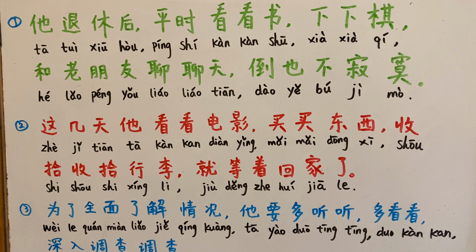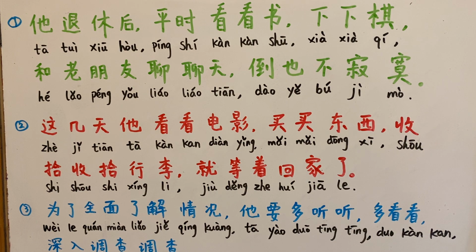And the second situation we want to talk about is this. We have already said that this verb reduplication is to express an action that won't take long. The action won't take long, right? 看看书, 看一看, take a look, take a quick look, 看一看.